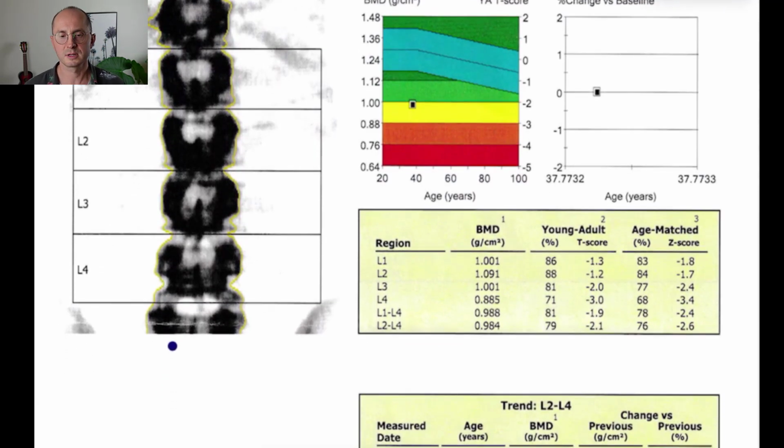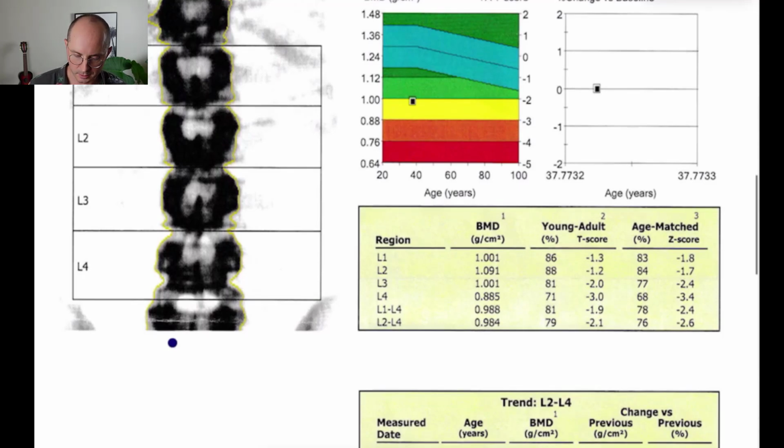So this is what it looks like when you get your DEXA scan results. On the left here, you'll have an image of the area that was tested. You might have this colorful display of where you fit. And if we look down the right-hand side, you'll see those T-scores that we mentioned earlier. Then you'll have this area down here where you will have, for example, the region, the vertebrae here that's being assessed.